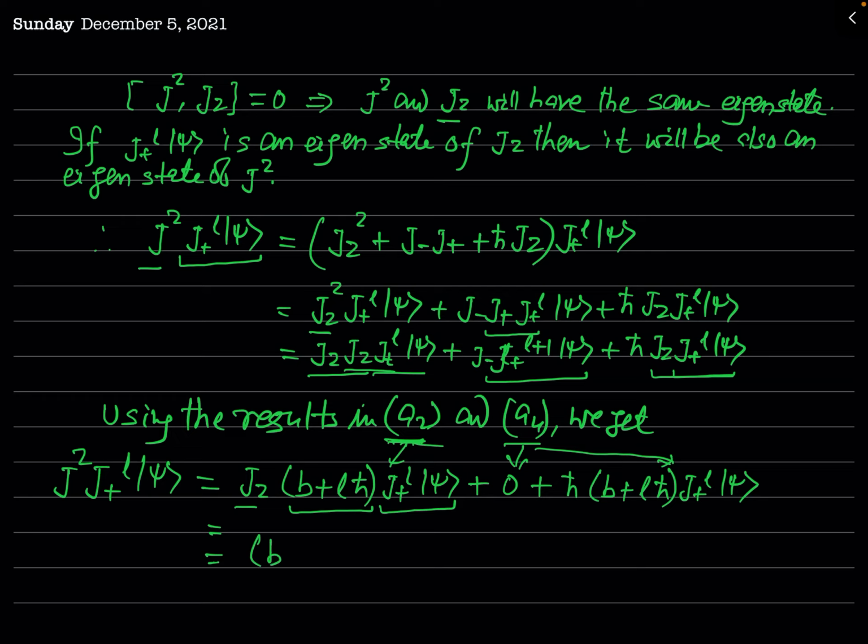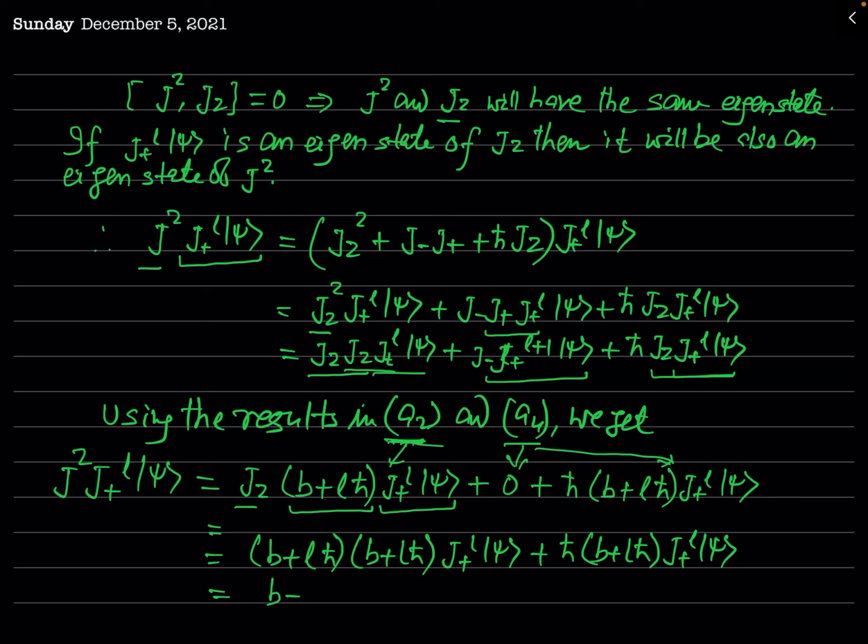This will be again B plus LH cross times B plus LH cross, and the eigenfunction is J plus L ket psi, and plus this is H cross times B plus LH cross J plus L ket psi. So finally we can write this result in this way.